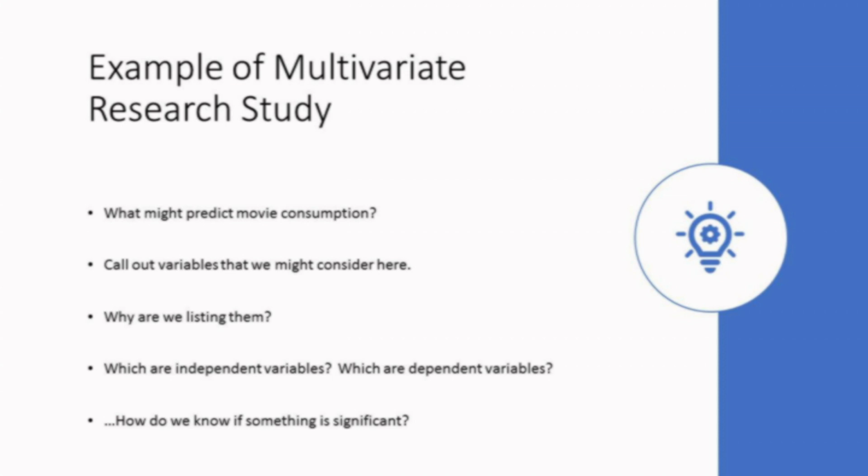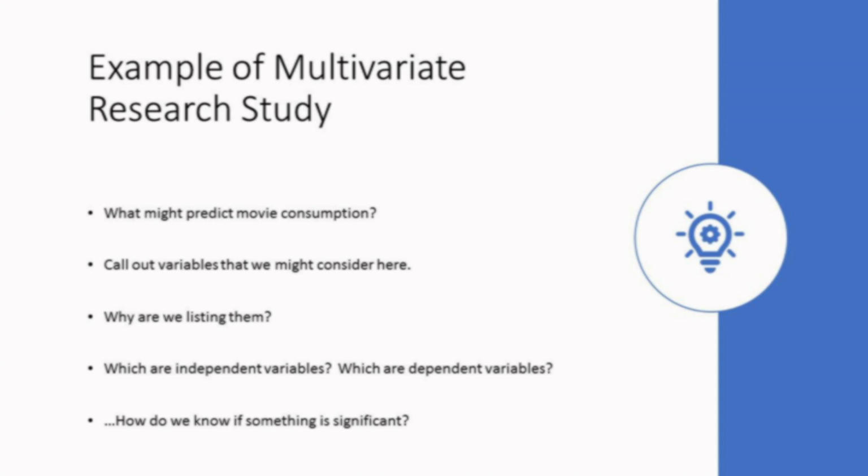Could be time of year. It could be Oscar nominations. It could be box office. It could be word of mouth. It could be what reviewers and critics have said. All of a sudden, we're up to 7, even 10 variables, if we kept going, that we could incorporate here.